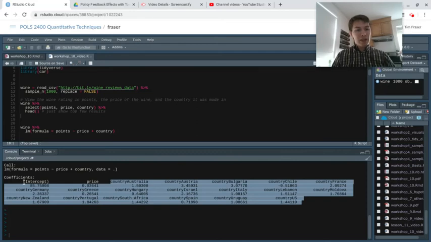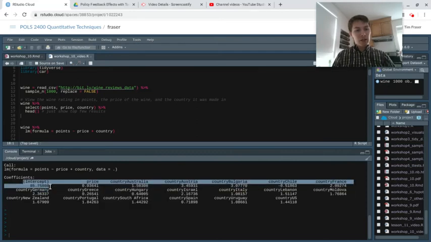And that means we can interpret the intercept in a very interesting way. Because we're using categorical predictors, the intercept now means how highly would you be rated if you were from Argentina?